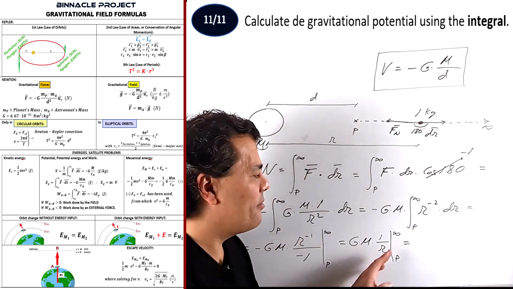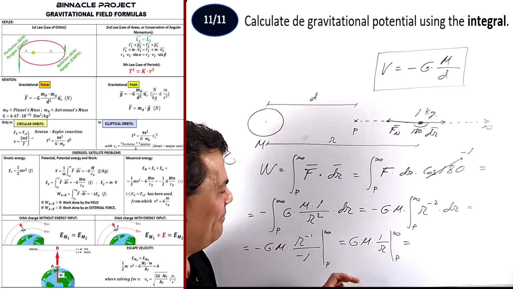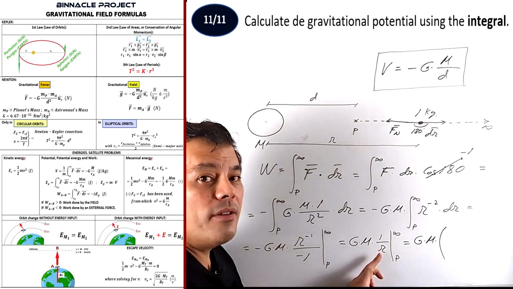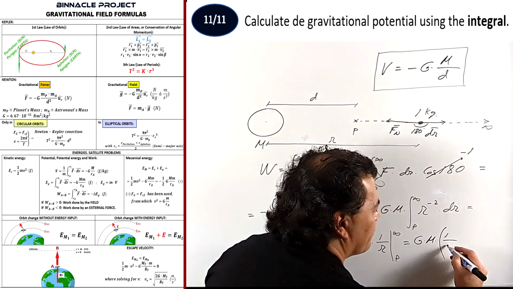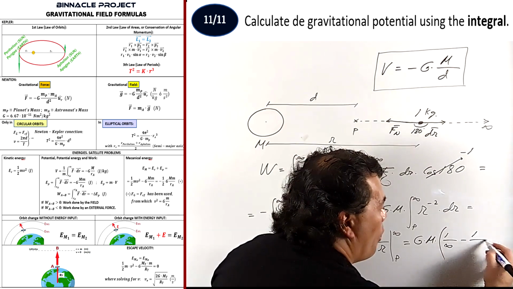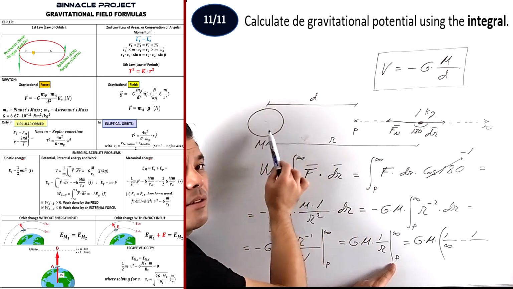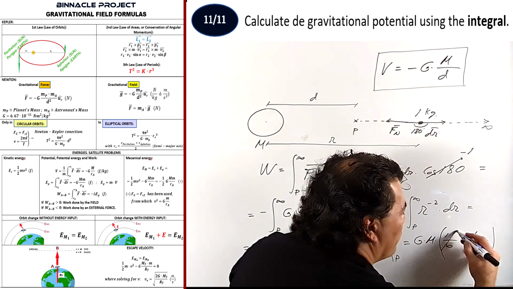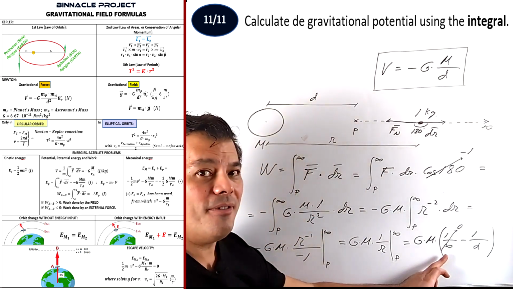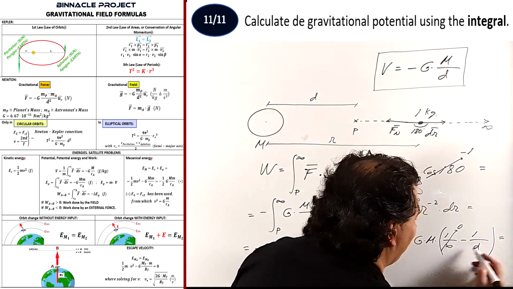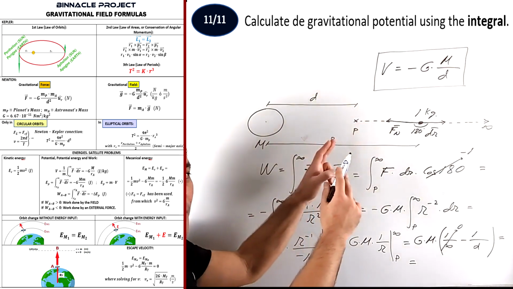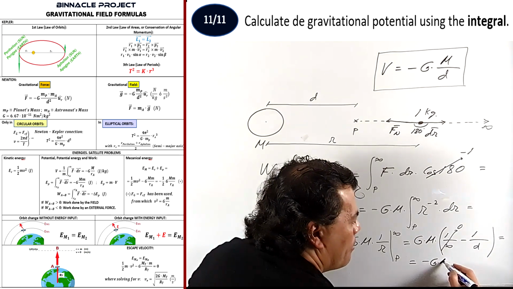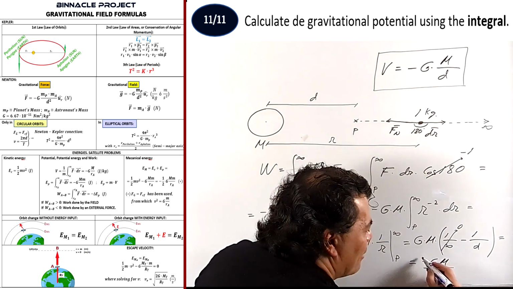And now it's time to place the infinite and the point P. G, M, 1 divided by infinite minus 1 divided by the distance to point P, that is d. And 1 divided by infinite is 0, and there you have it. The potential at point P is -GM divided by d. Okay?